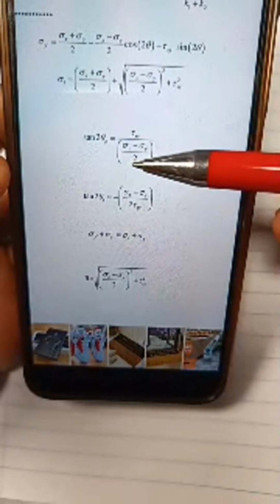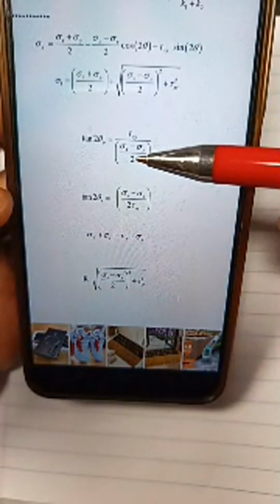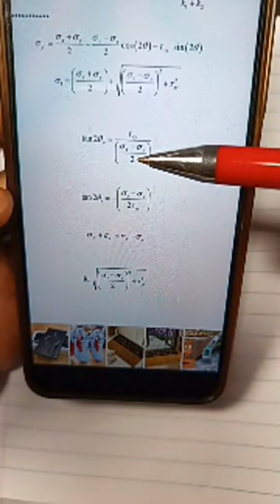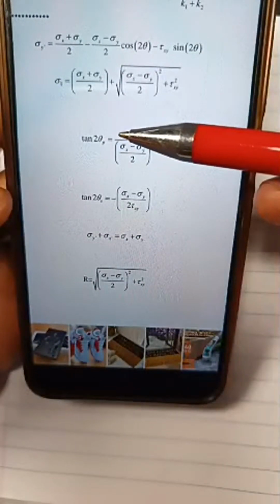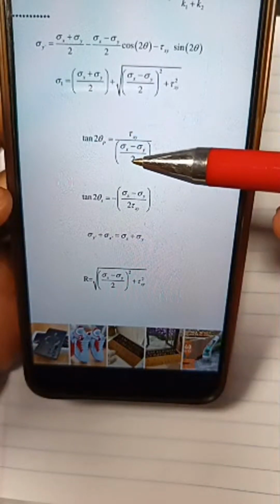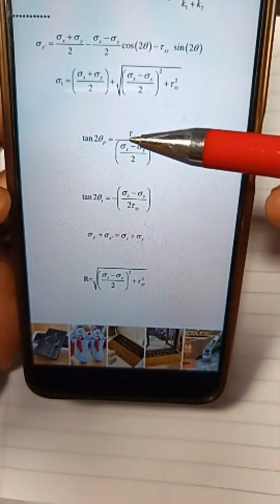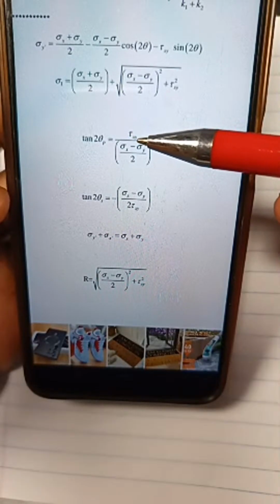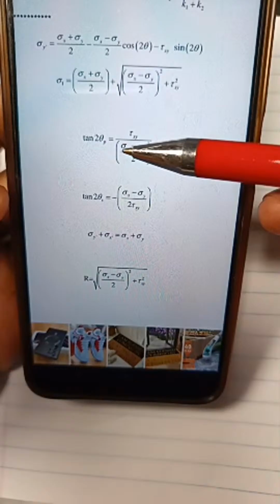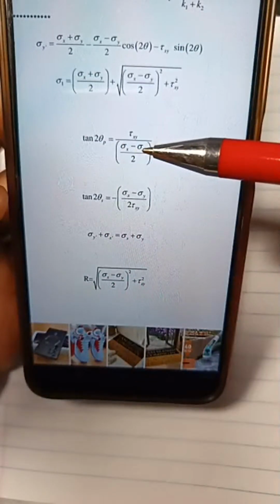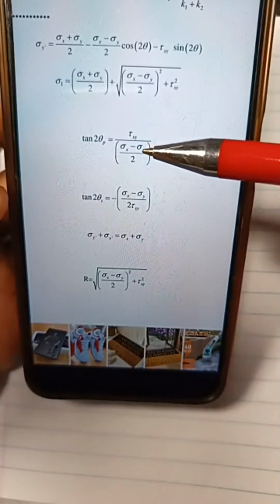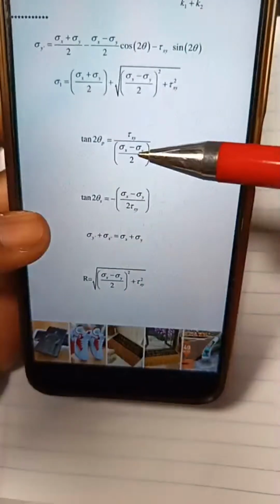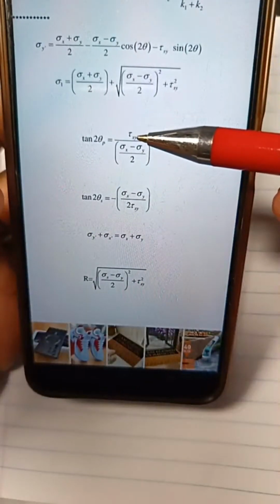When you are dividing by a fraction, it is as though you are multiplying by its inverse, meaning that this 2 is multiplying there. So we have 2 times shear stress xy, divided by stress x minus stress y. That's what I will write, because when you're dividing by a fraction, it's as though you're multiplying by its inverse. Okay, so that's what I'll write.